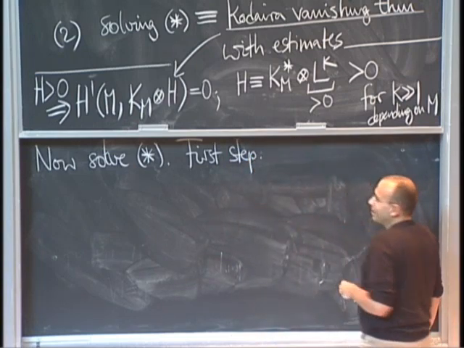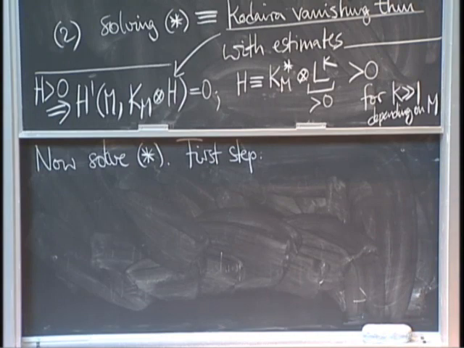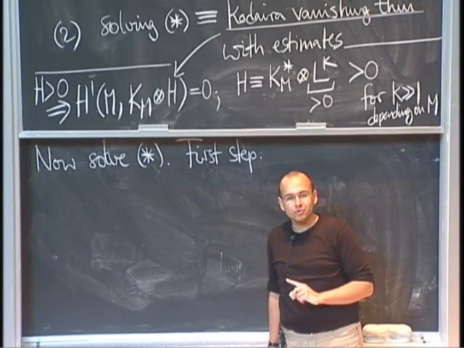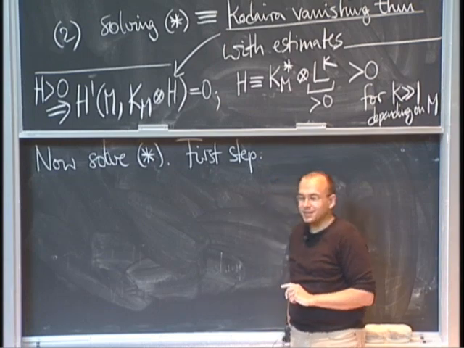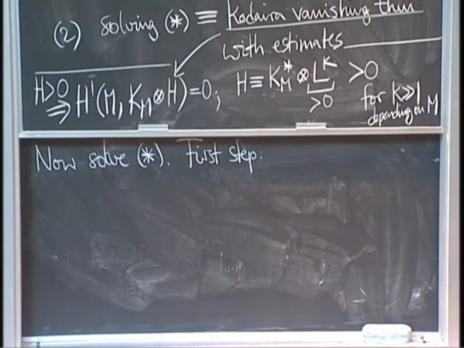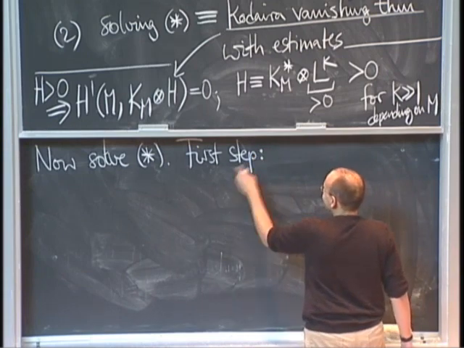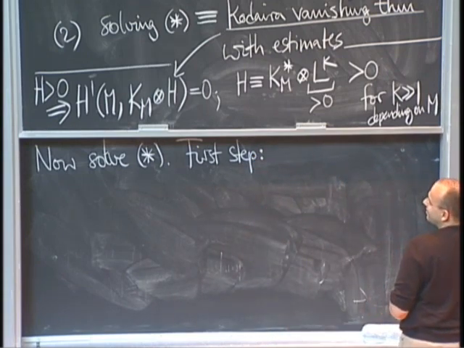So the first step in the actual proof of star is to reduce this to proving an inequality. I'm not going to show you how to do the reduction, but I want to show you how to prove the inequality, at least in a special case, because that's what really matters, the estimate, and not the formalism that you use to reduce to that estimate.